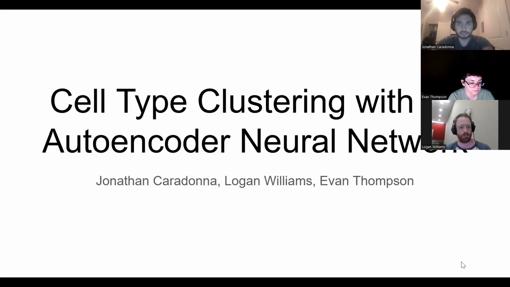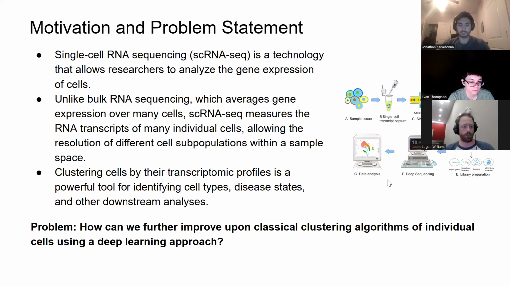All right. So this is our final update for our cell type clustering with our autoencoder neural network. So our motivation problem statement. Essentially the data that we're using for our model is coming from single cell RNA sequencing.